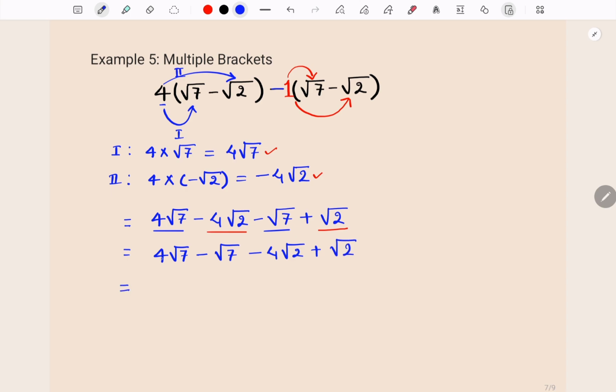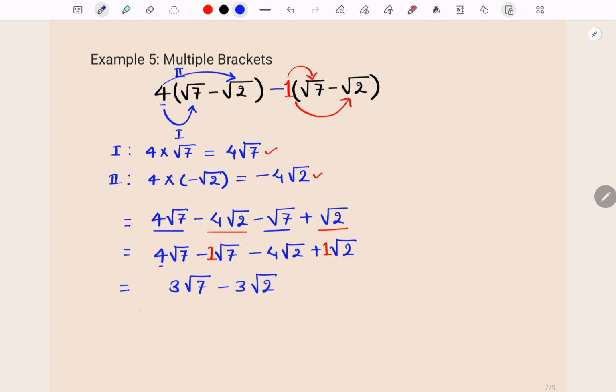Now we need to subtract 4 root 7 minus root 7, so just subtract the coefficients. We know that here we have a 1 present, so 4 minus 1 is 3 root 7, and here we have minus 4 plus we have a 1, so minus 4 plus 1 is minus 3 root 2.